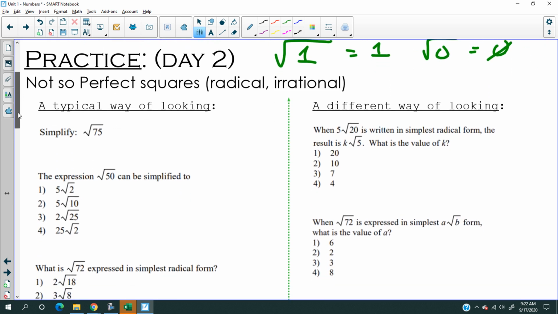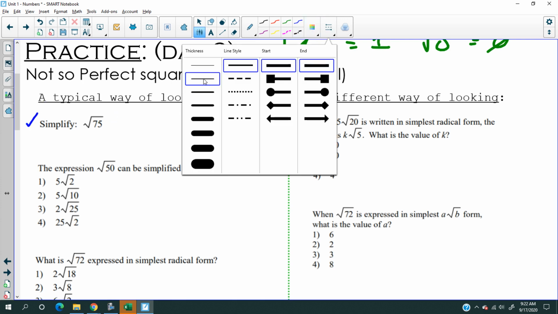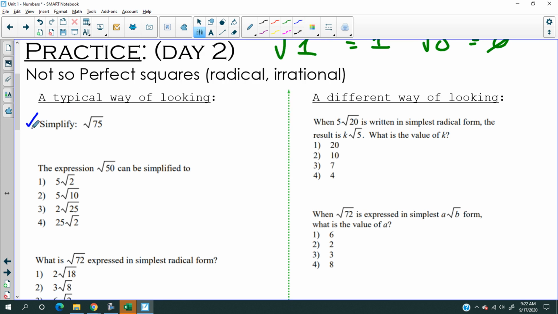So practice day two. This is basically the lesson and the practice. I want to get the idea to you very quickly, and then you can work on your homework in Delta Math. Right off the bat, you can notice that this is not exactly a perfect square.